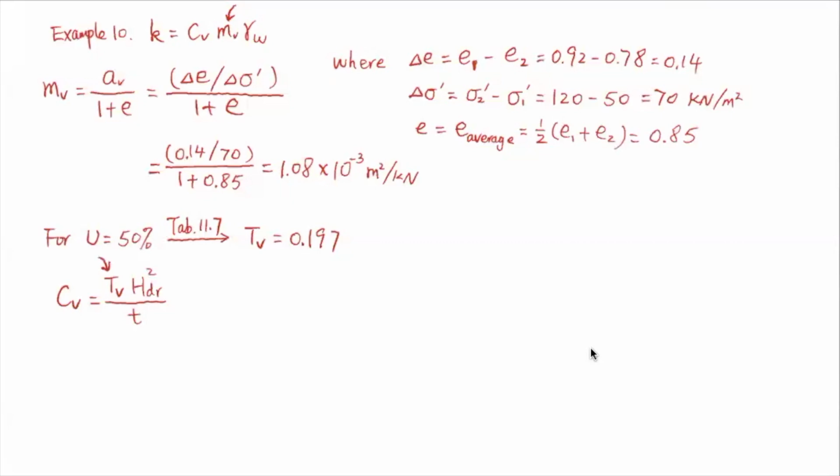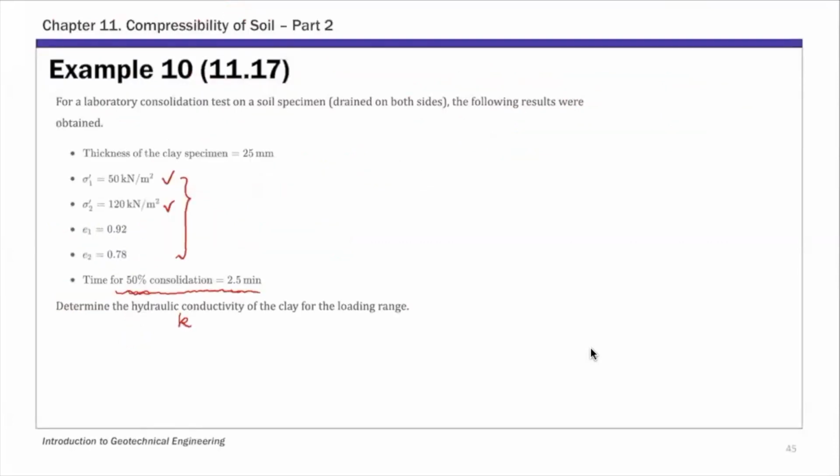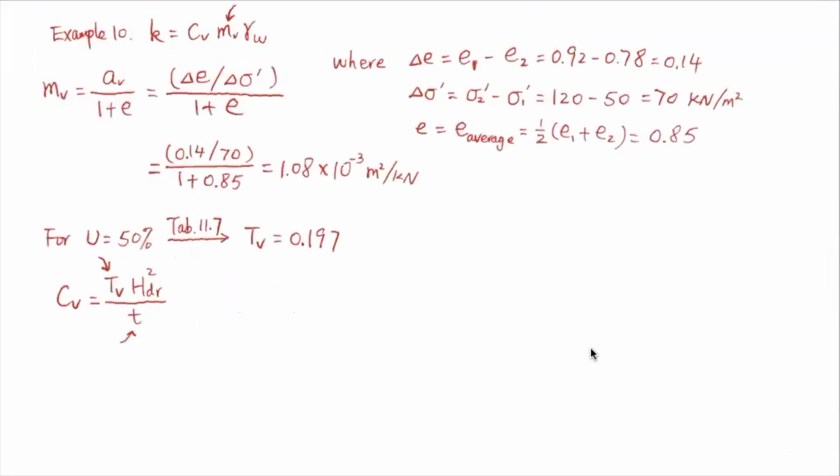And then we need t and H sub DR. This small t is the time to reach that 50% degree of consolidation. So we know the time is 2.5 minutes, that's small t.